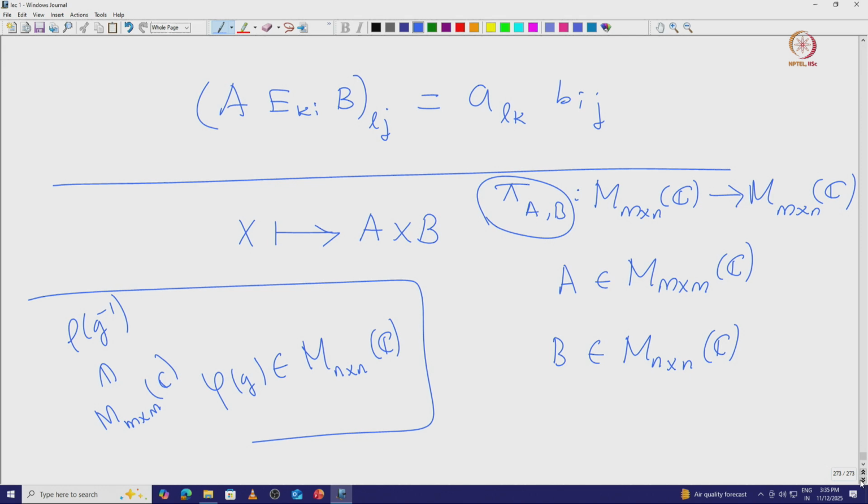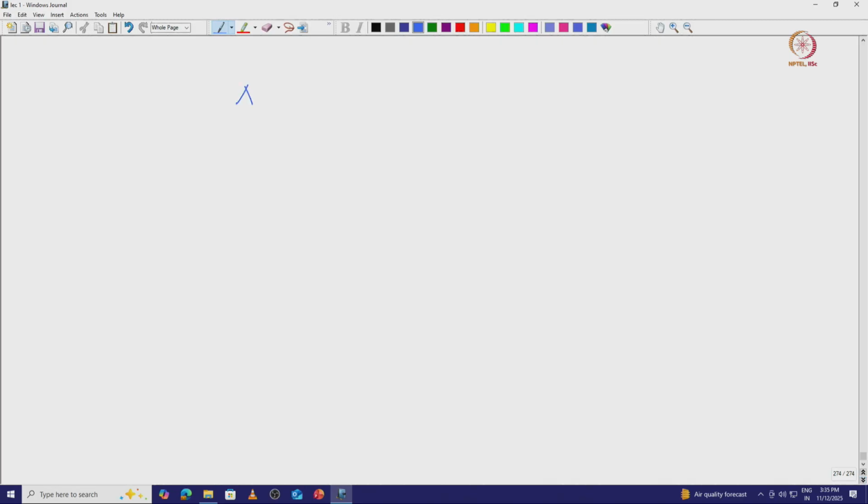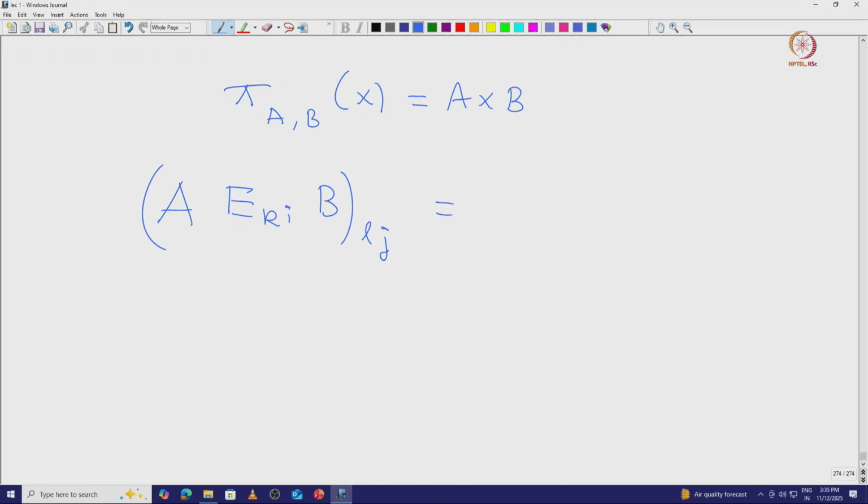If we go through the computation, we are interested in pi A B of X, which is A X B. When you look at E k i, the l j-th entry is exactly given by A l k and then B i j.